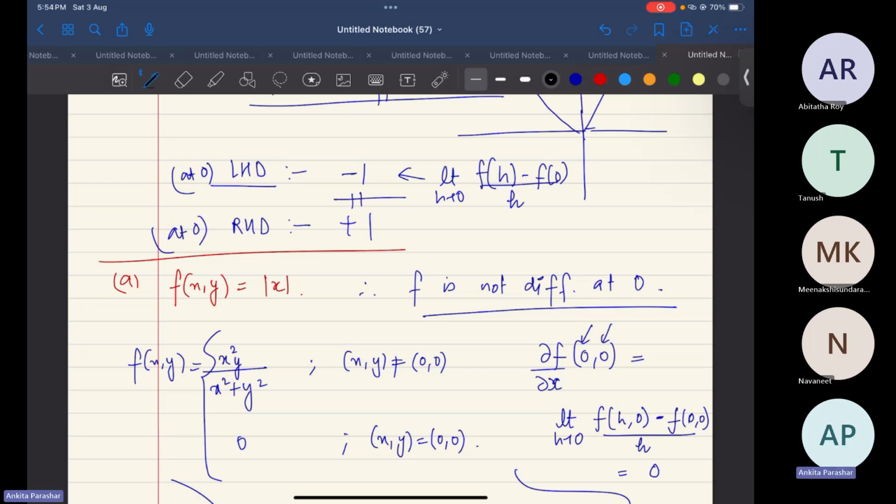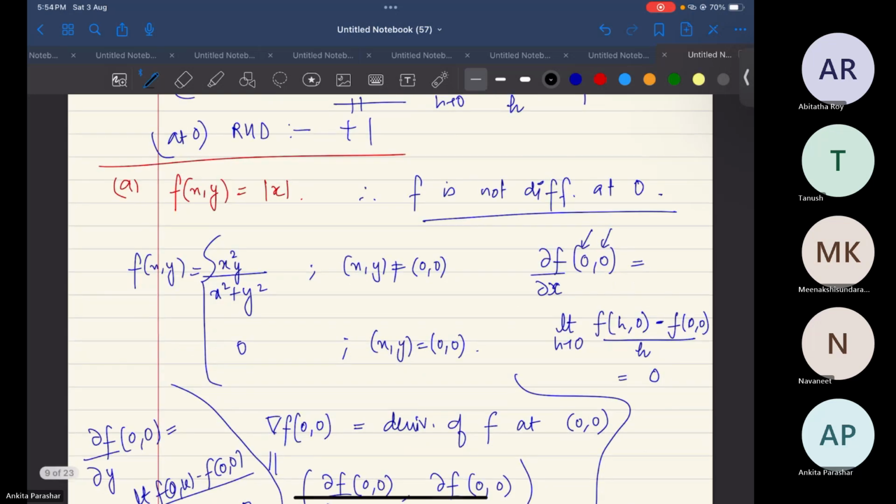Does the partial derivative exist at x? Am I audible? Yes, ma'am, you are audible. Can you check this function? Is this okay?